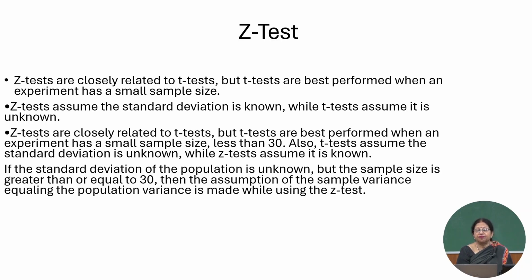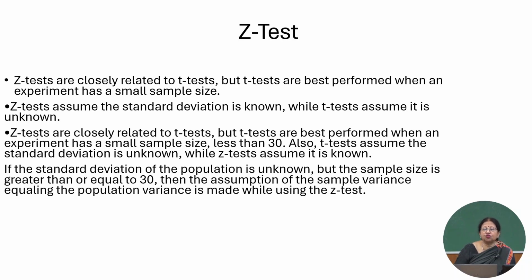So Z-tests are for larger sample sizes, t-tests are for smaller sample sizes. Z-tests assume the standard deviation is known, while t-tests assume it to be unknown. T-tests are best performed when an experiment has a small sample size, less than 30. So, in one, standard deviation is unknown, in the other one, it is known. That is the major difference, and the sample sizes, of course, I have just made clear.